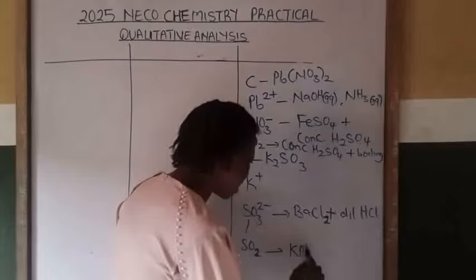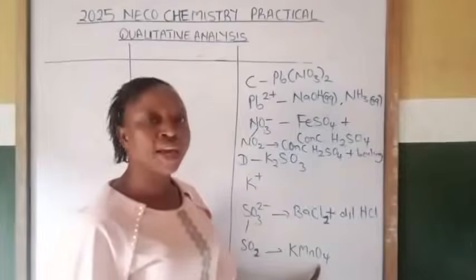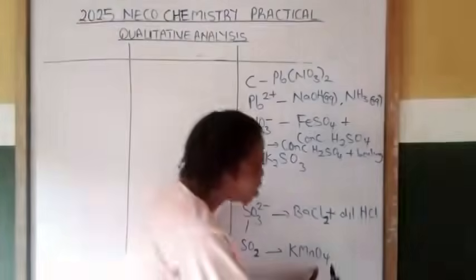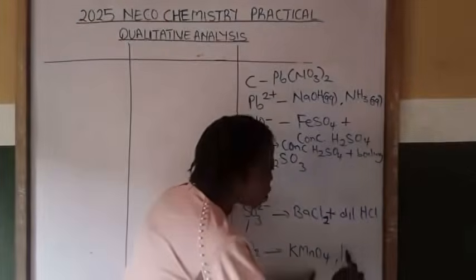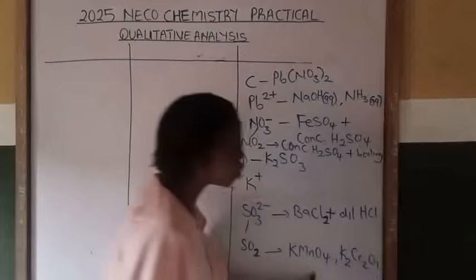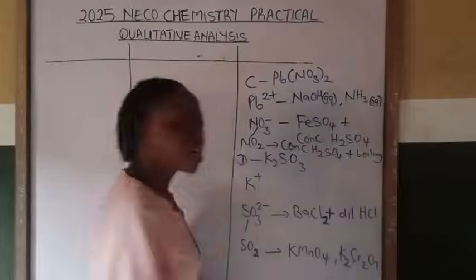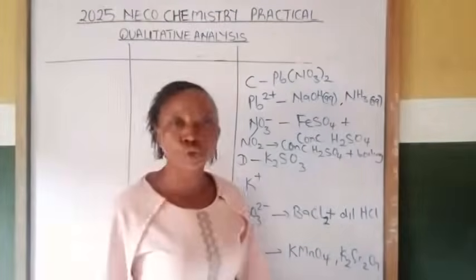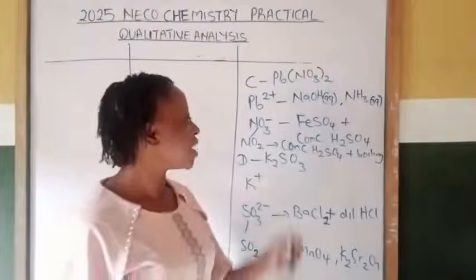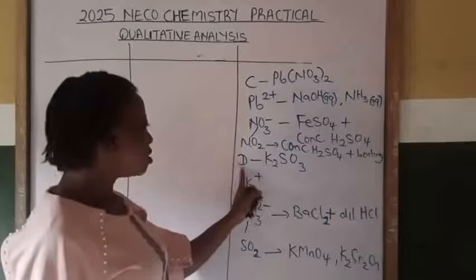So it will decolorize the purple color of KMnO4, or change the orange color of K2Cr2O7, that is potassium dichromate. The orange color of the potassium dichromate will change to green. So those are the likely tests that we should be expecting from these two samples.